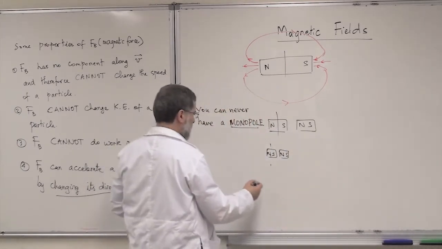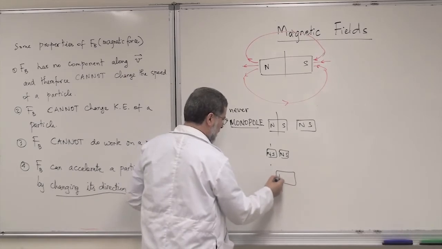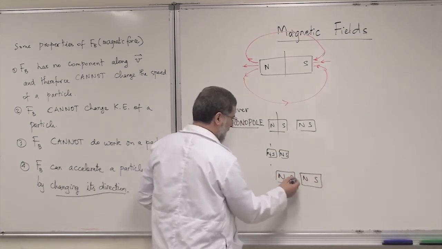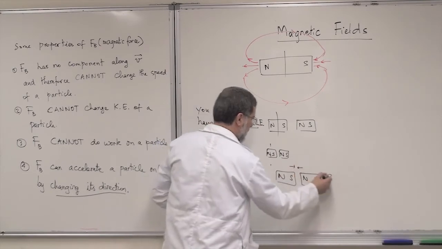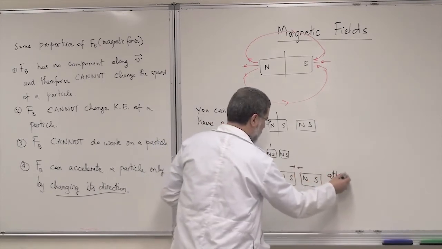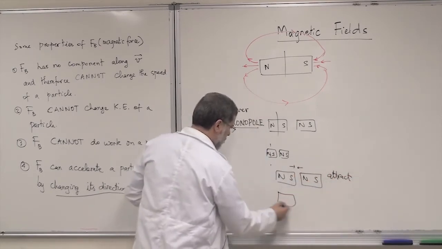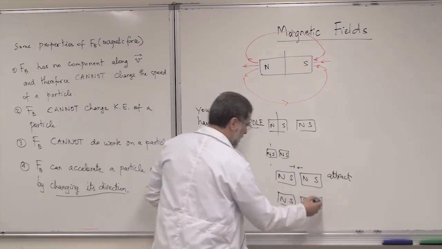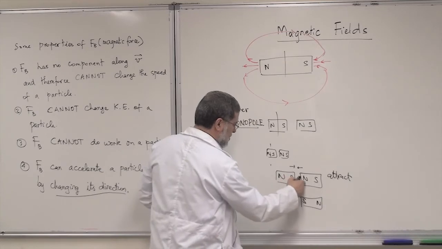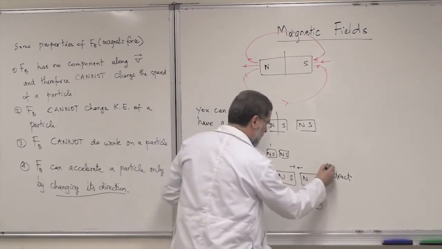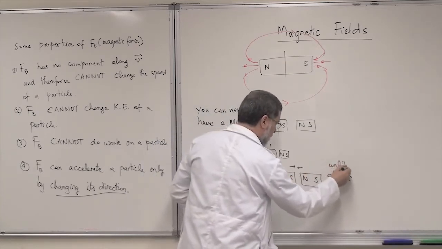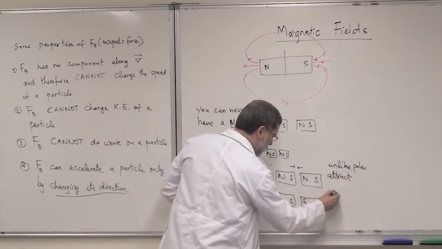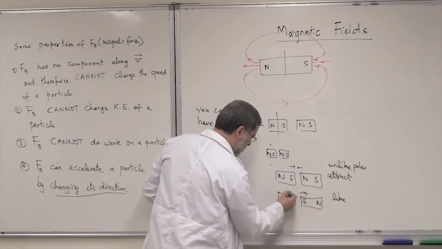The other thing is that if you take a magnet north and south, here they attract. If you take a north and a south, unlike poles attract, so you have to write: unlike poles attract, and like poles repel.